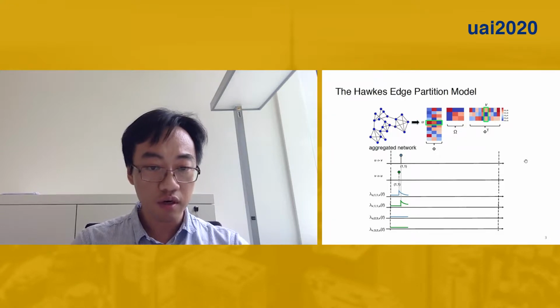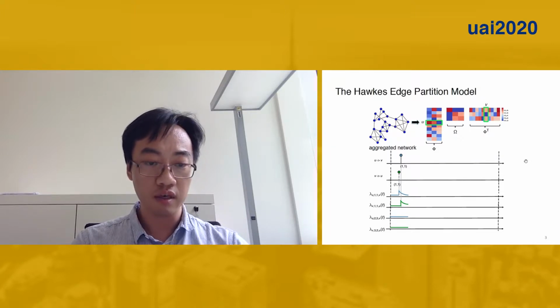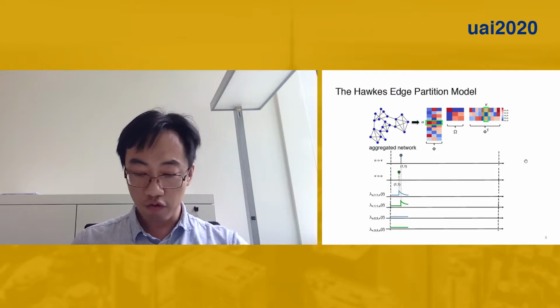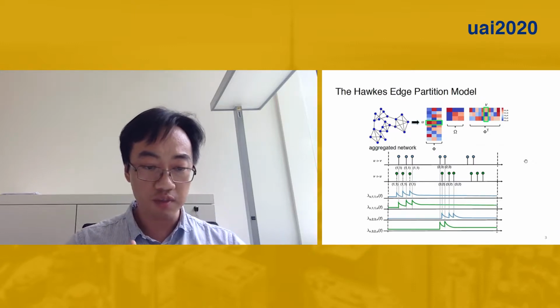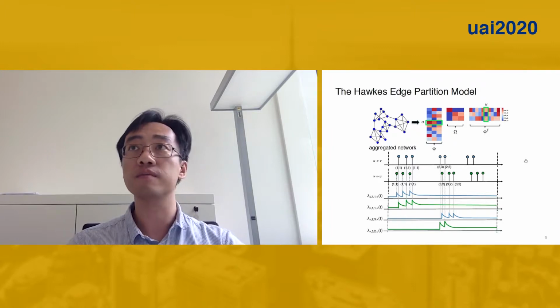As shown in the figure, the first event from V to U is due to both U and V being affiliated with the first latent community. Accordingly, this event can only influence the intensity from U to V of the same type. Therefore, we naturally induce a clustering structure over the observed events. The reciprocating dynamics is updated accordingly for each cluster independently.